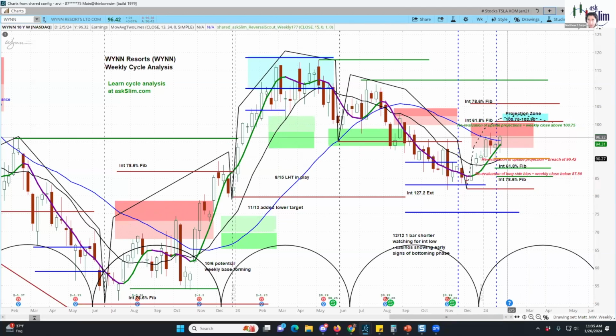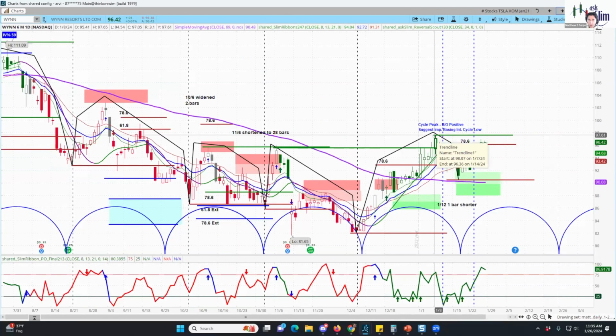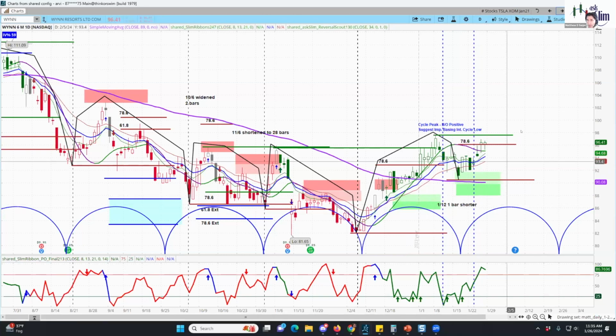This would especially be the case if we can break out again above this prior cycle peak. We had one breakout in the prior cycle. One more would likely suggest that this low that occurred is a very important basing cycle. So a pullback would then suggest that we shouldn't break down and that we would see another attempt higher, whether that happens in this cycle or the next one.